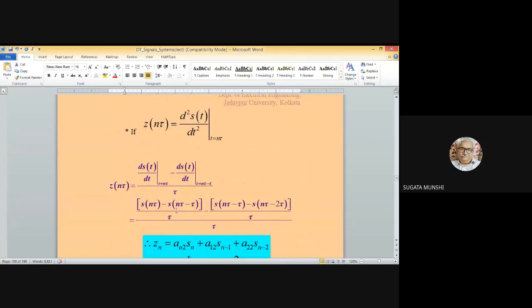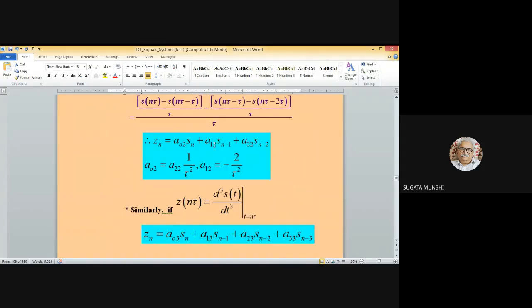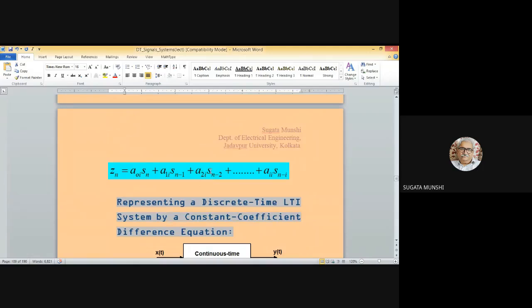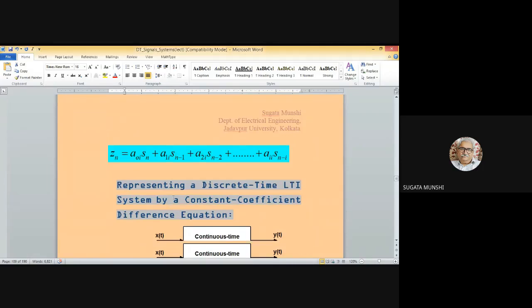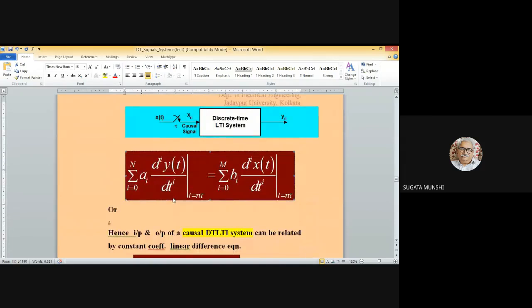So here we were considering the backward difference relation, and thereby we were getting these expressions for the second order derivative, third order derivative, ith order derivative. Then we were utilizing those expressions in representing a general discrete time LTI system by a constant coefficient difference equation.